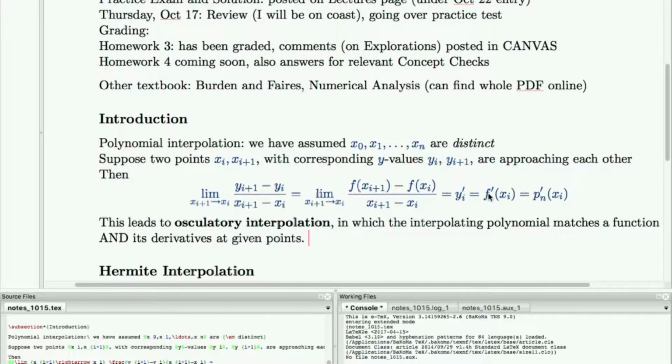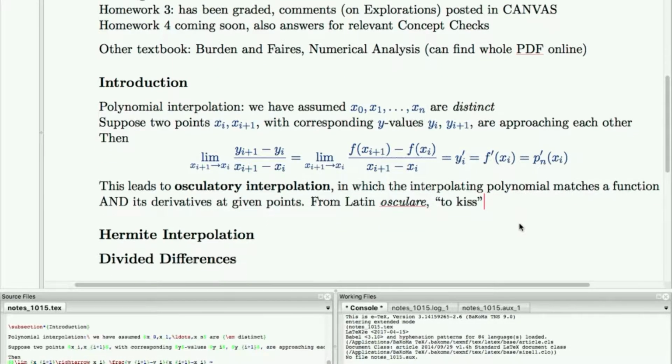Quick comment on where the name comes from: osculatory interpolation. The Latin word osculare, which means to kiss. So it comes from the convergence of the 2 points to each other, resulting in the matching of the derivative. Okay. All right.